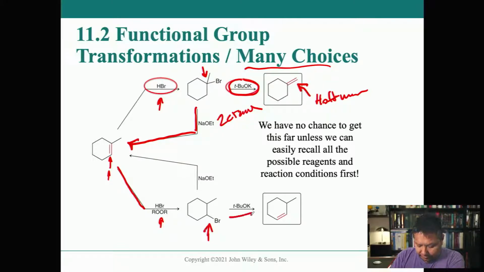And then go do the tert-butoxide again. And here you don't really have a choice, but your double bond will end up there. So we have no chance to get this far unless we can easily recall all the possible reagents and the reaction conditions first.